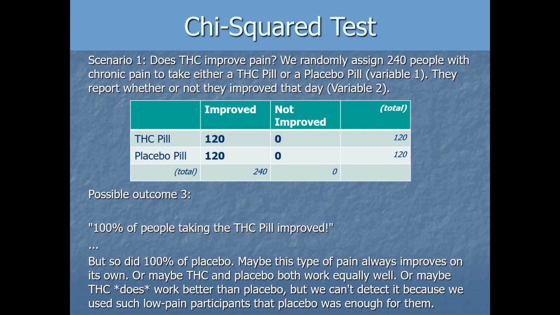So if this is the kind of data we see, maybe this type of pain always improves on its own, has nothing to do with the pill. Or maybe THC and placebo both work. They both improve pain equally well. Or maybe THC does work better than placebo, but we didn't detect that because we used participants who had a very low amount of pain. So the placebo is enough for them and kind of ceilinged out, right? Reached the cap. It's just kind of hard to say if we see results like this.